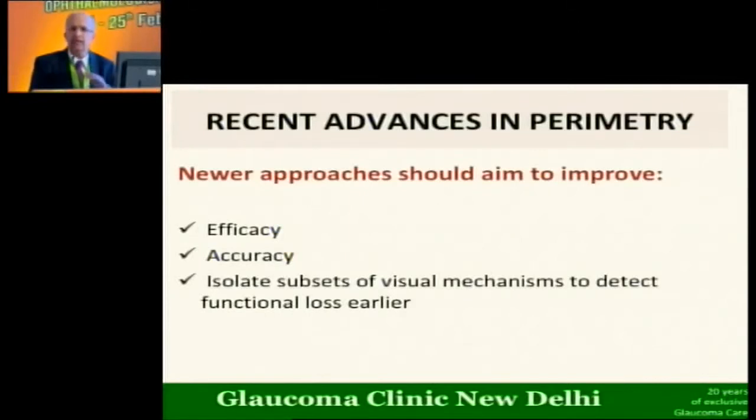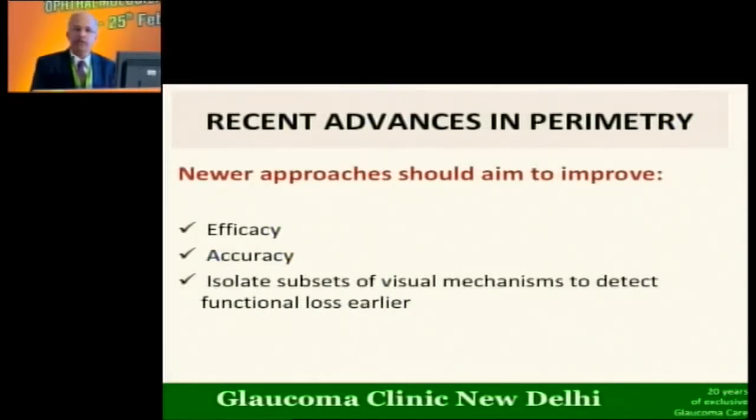Now contrast this, that many people in this room were brought up on perhaps a Goldmann screen, Goldmann perimetry, and then migrated to Humphrey perimetry, where the strategy used was threshold. And then the SITA strategies came up, and that was an advancement because it helped save time.